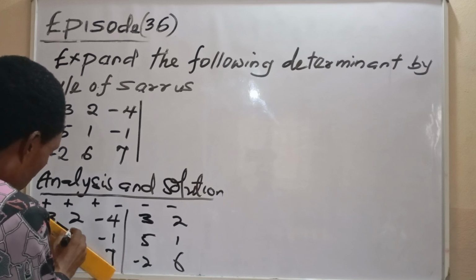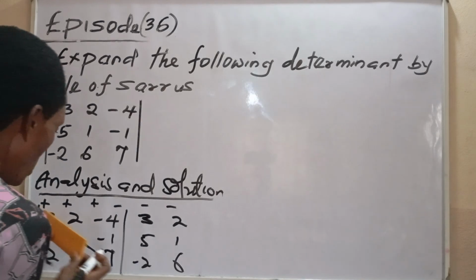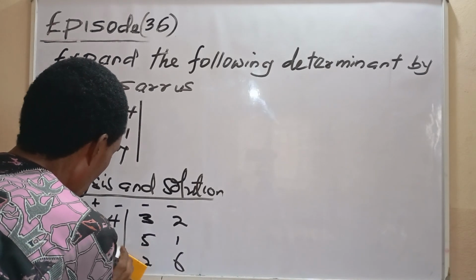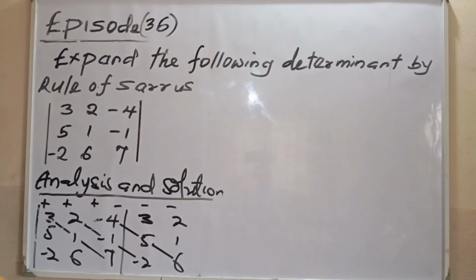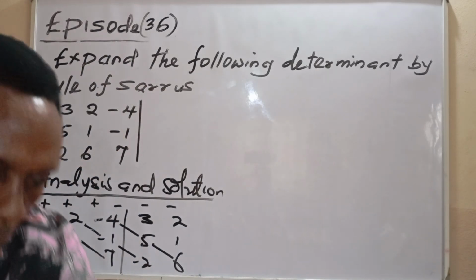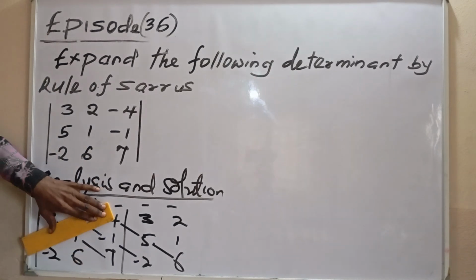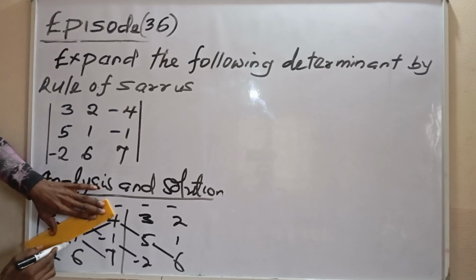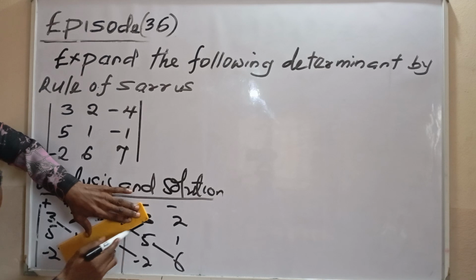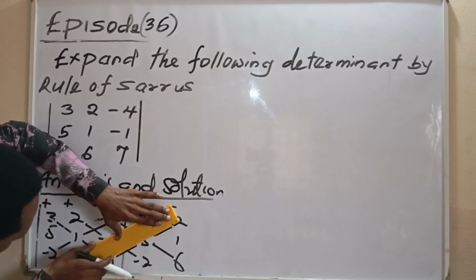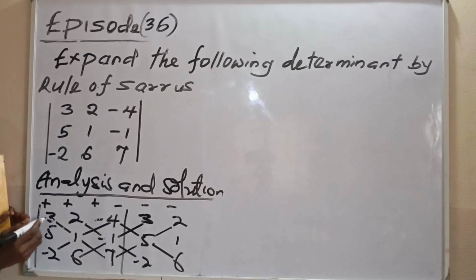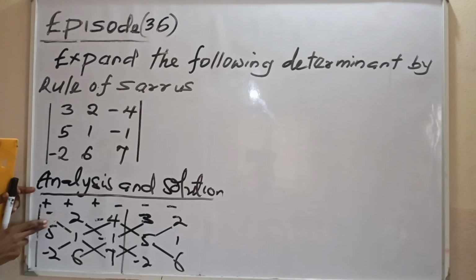Then you join the entries along the diagonals, joining this to this, and this one also, like so. You have seen what I've just done here.